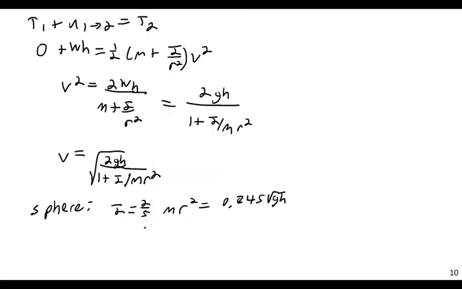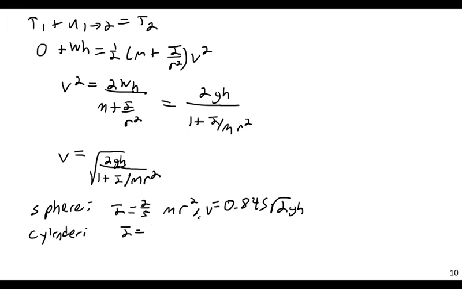Oh wait, that's not quite right, it's square root of 2gh. Sorry about the typos today. In the case of the sphere, v is going to equal 0.845 times the square root of 2gh.